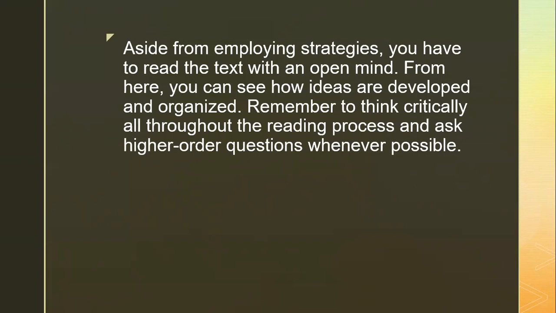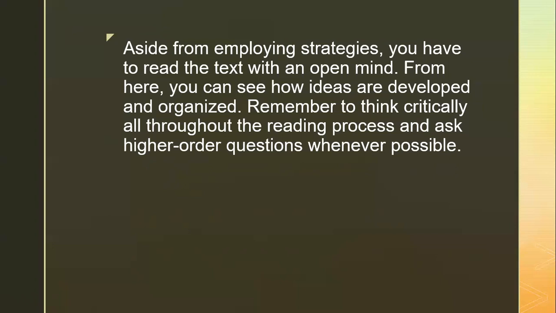So in order for you to comprehend what the text is trying to convey to you as a reader, you need to be open-minded. You need to be open when it comes to the things that you'll be able to read and understand on the text that the author is saying.